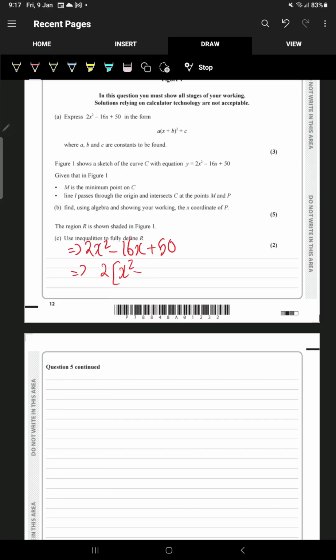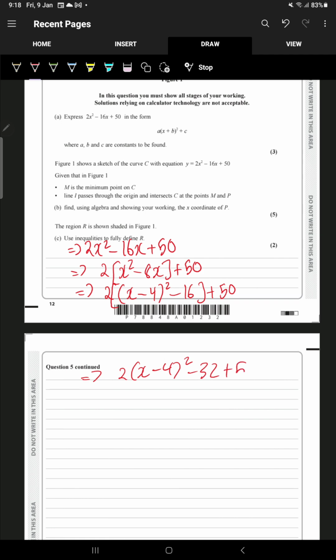This is going to give us 2 times x squared minus 8x plus 25. Then 2 times the bracket x minus, half the coefficient of x, which is 4, squared, minus the square of 4, plus 50. 2 times x minus 4 squared, 2 times minus 16 is minus 32, plus 50.